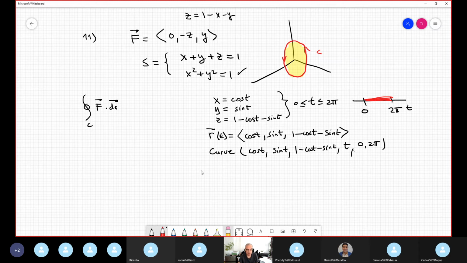Okay, bueno, the rest is, when I need to compute dx, I need to compute dy, I need to compute dz. So we are doing line integral in 3D. But it's easy. Derivative cosine is minus sine.